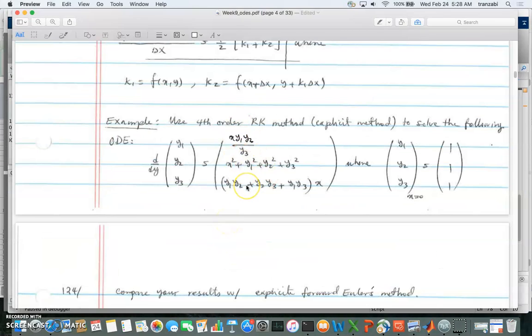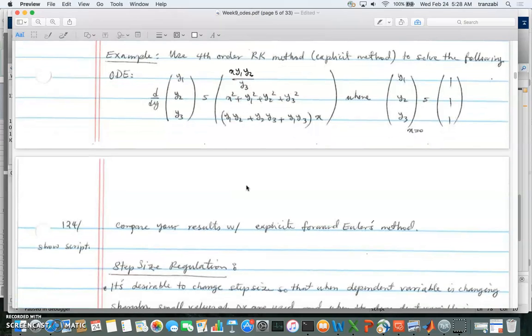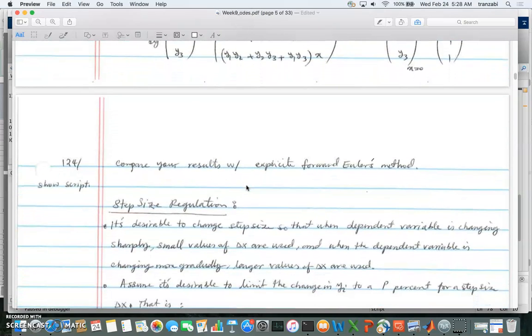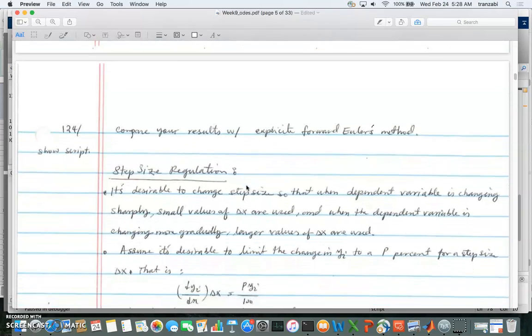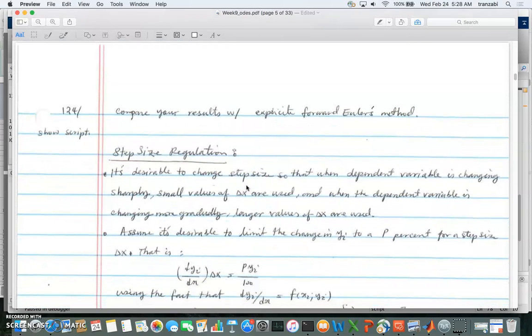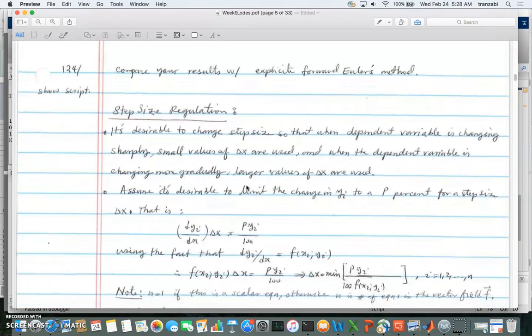So we saw the same example. Now another topic that I want to talk about is the step size. We can also make this RK4 a bit adaptive in terms of step size. Sometimes the function doesn't change much, and we don't want to have a small step size, I mean small delta x.